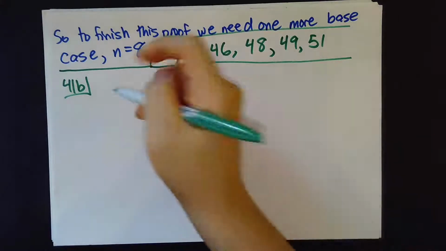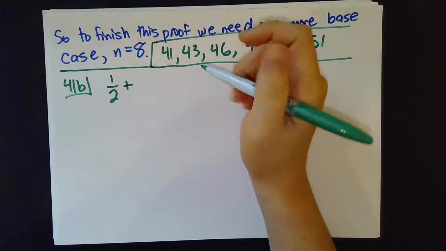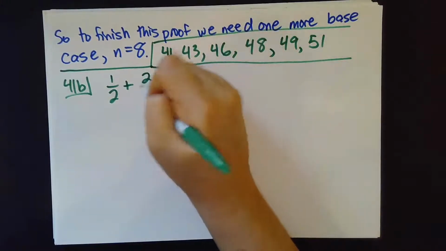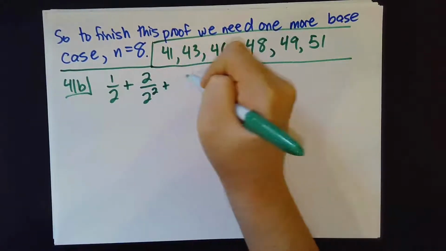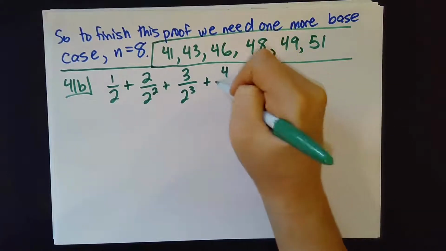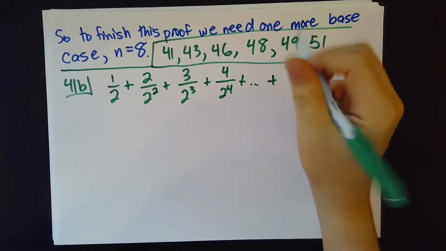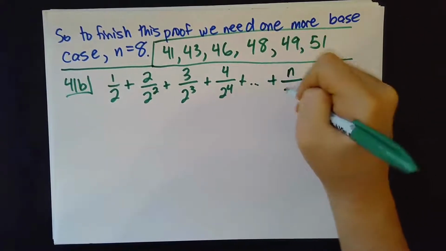Okay, so here we want to find a formula for 1/2 plus 2 over 2 squared, plus 3 over 2 cubed, plus 4 over 2 to the 4th, up to plus n over 2 to the n.